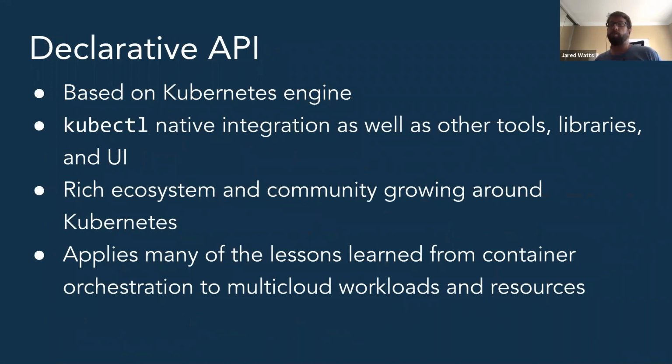As we talked about Crossplane, the multi-cloud control plane that Crossplane is, it's based on the Kubernetes engine. So the Kubernetes API server and etcd to persist things, a set of controllers, custom resources, et cetera.